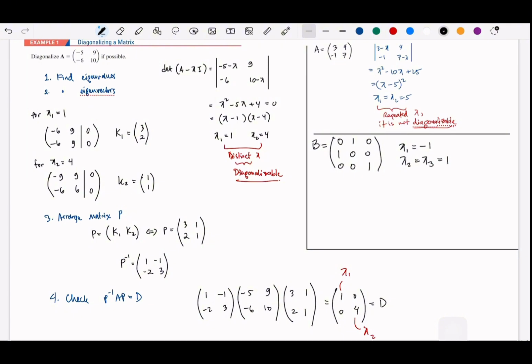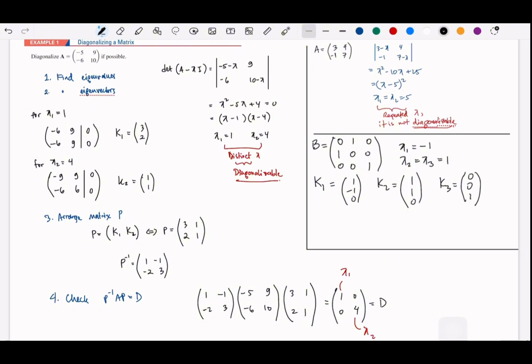So from here we get the K1 from the row operations through lambda 1 equal -1. This gives you 1, -1, 0. K2 is giving you 1, 1, 0. And K3 is giving you 0, 0, 1.